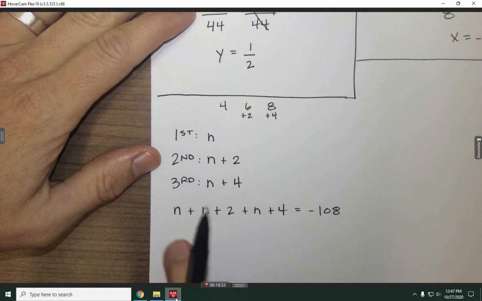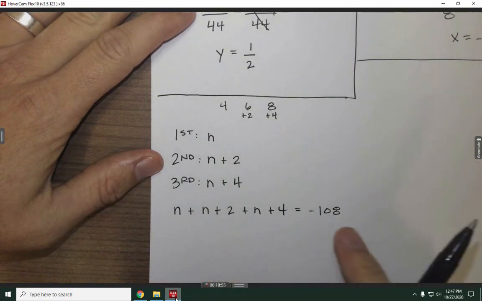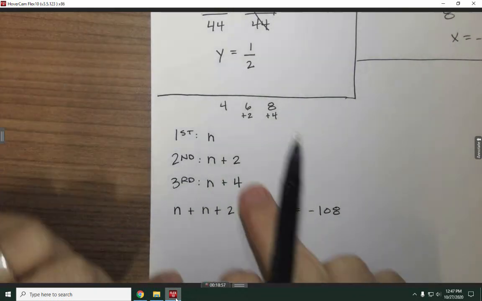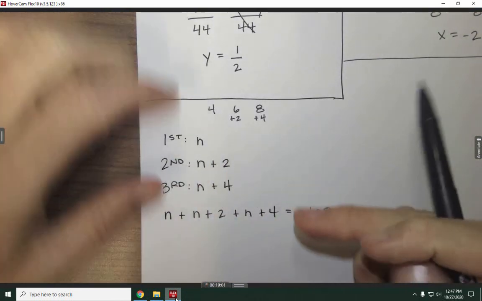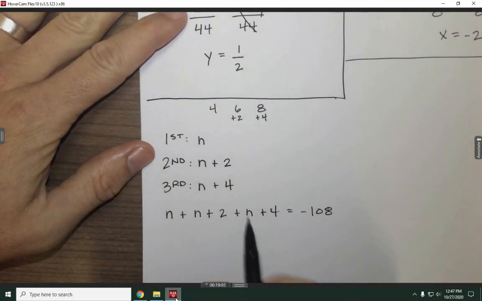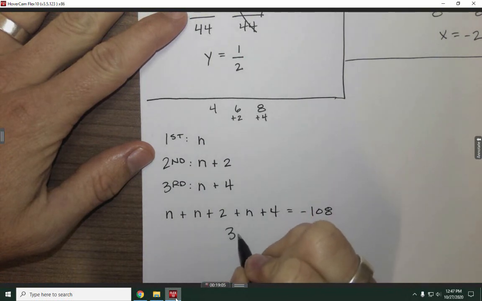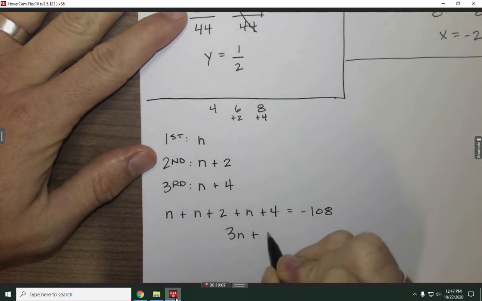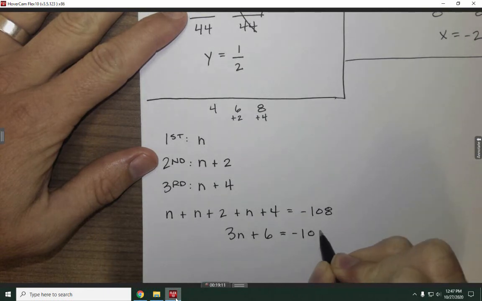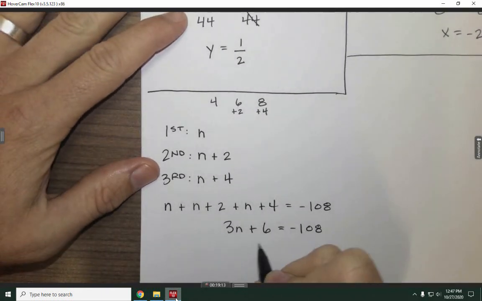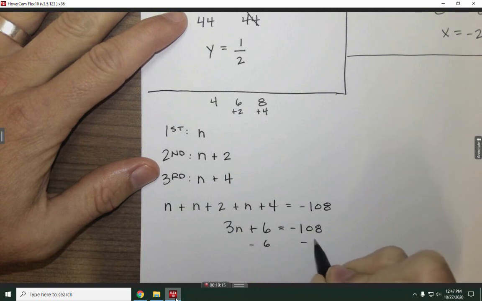And so that's how we're plugging this in. So it says the sum of these numbers equals negative 108. So we have our first one, our second one, and our third one here. So we're doing n plus n plus n. That gives us 3n. And then 2 plus 4 is 6, and this equals negative 108. And so then we minus 6, minus 6.